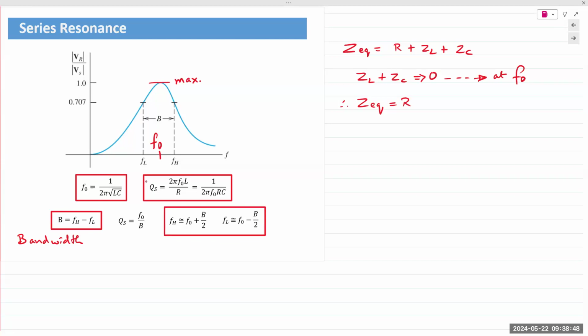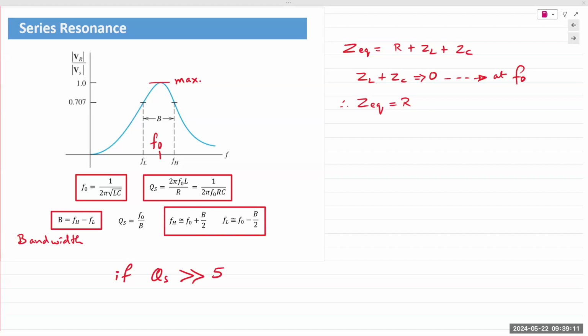That is only if the quality is much higher. So if QS is higher than, let's say, 5, then we can say it's symmetrical and it's located halfway between.